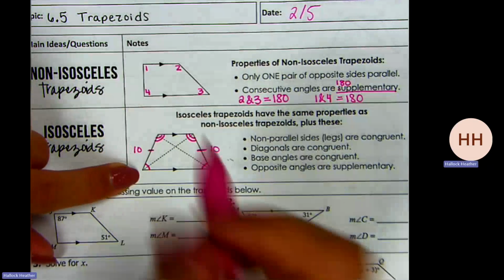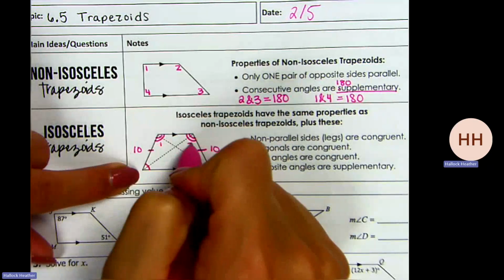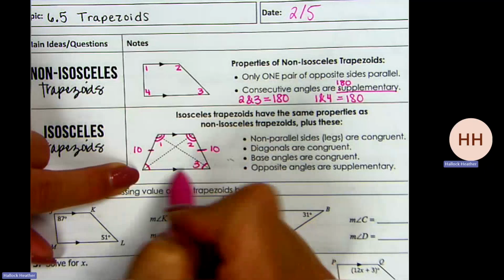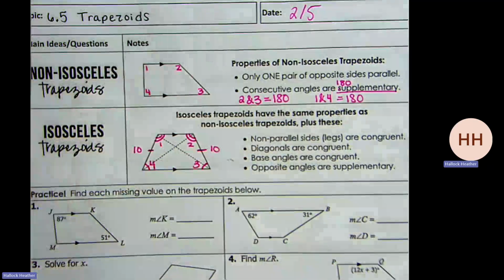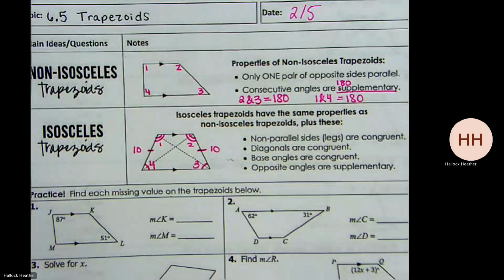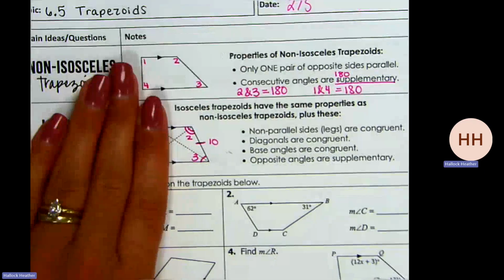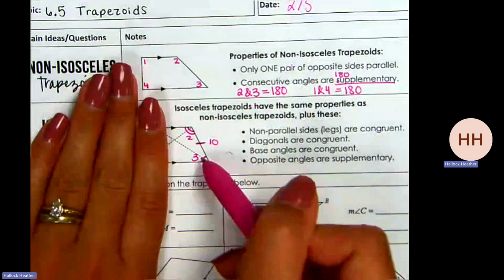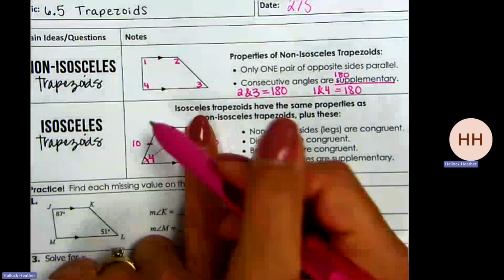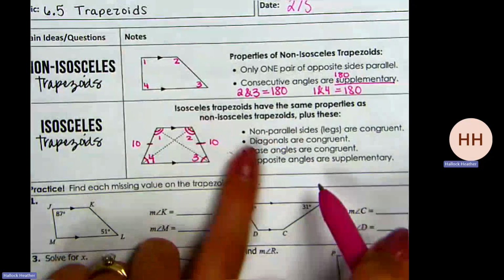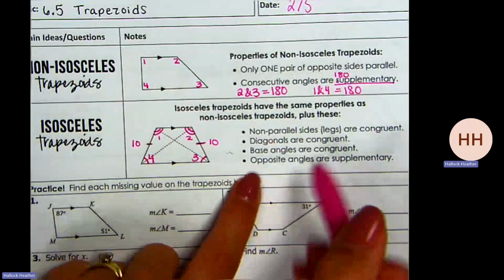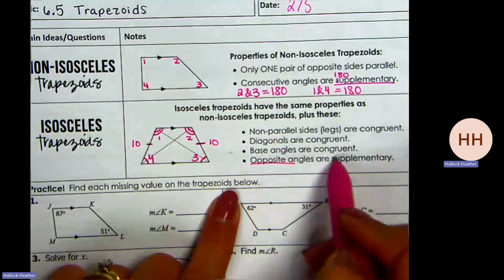We're going to put 1, 2, 3, and 4 in our trapezoid. The same rule applies as for the other one. If I cover up half of it, 2 and 3 add to make 180. 1 and 4 add to make 180. And then also because it's isosceles, opposite angles are also supplementary.